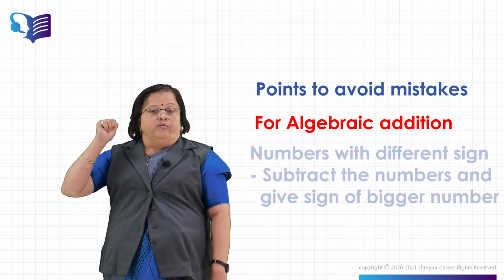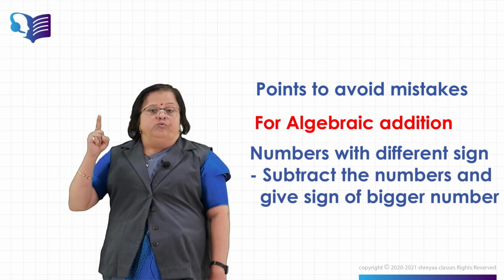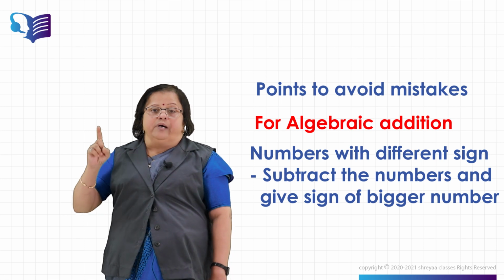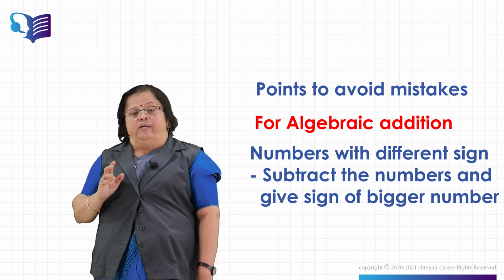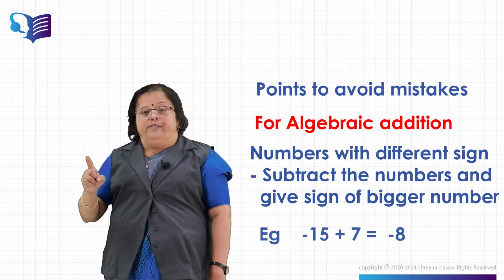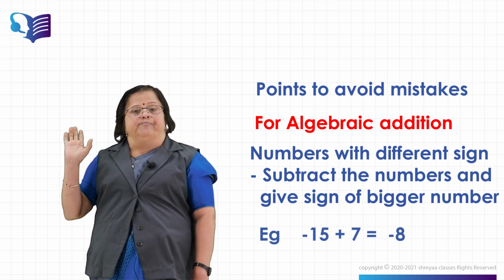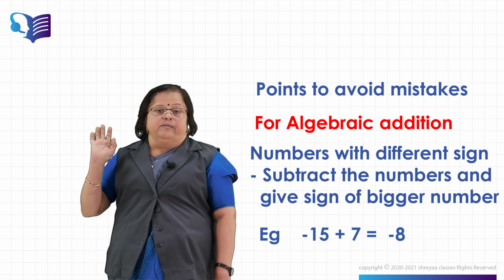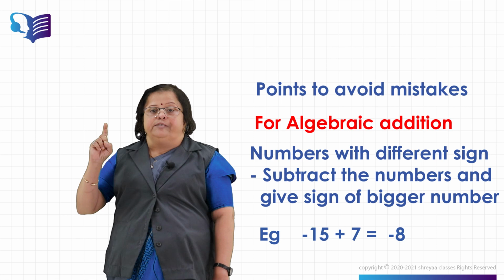Okay. Now the second possibility is what? Two numbers are with different sign. Let us understand. Minus 15 plus 7. Now the numbers are the same, 15 and 7, but these two numbers have different sign.